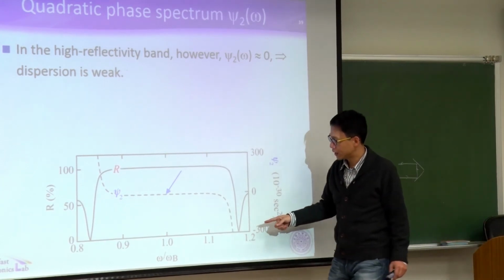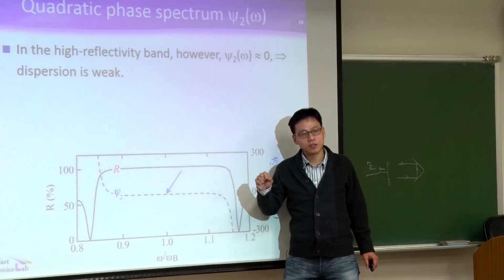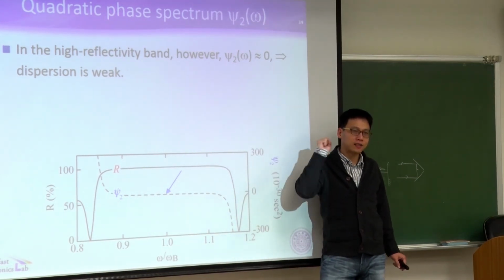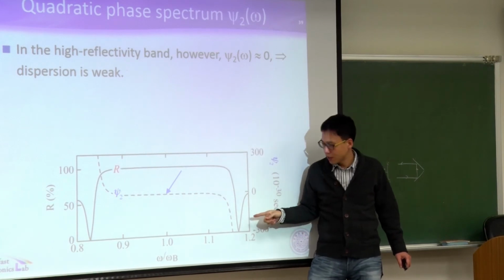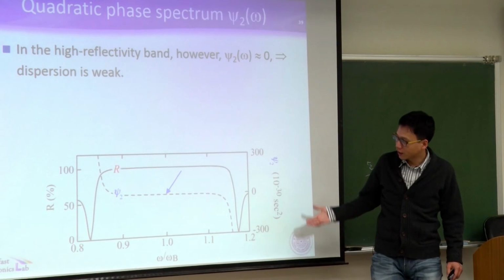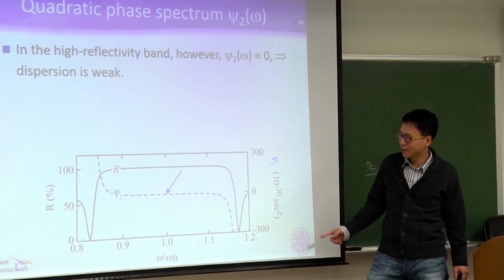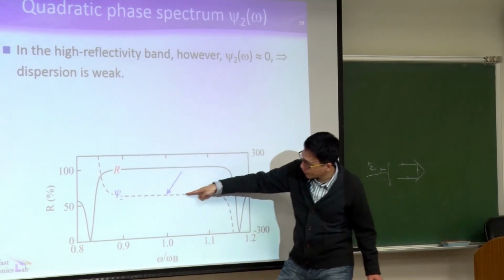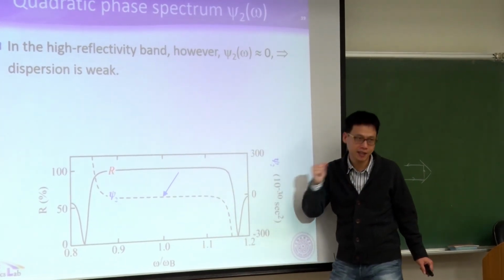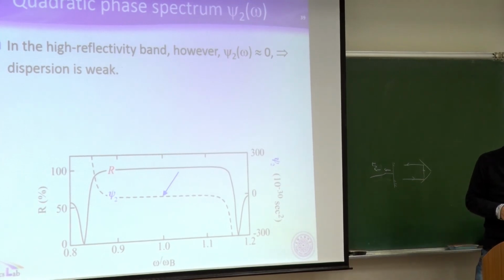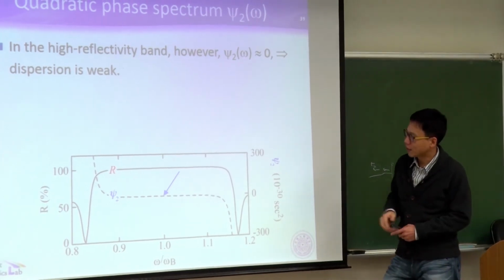But if you do that, for each reflection coefficient small r, you take the phase term, and point by point, you can plot the dashed curve. And the shape is pretty strange, right? Very sharp here, very flat in between, very sharp again. Okay. Sorry, this is psi 2.